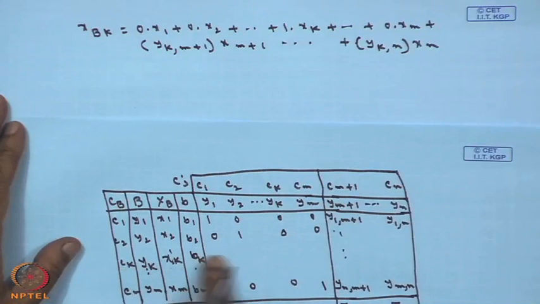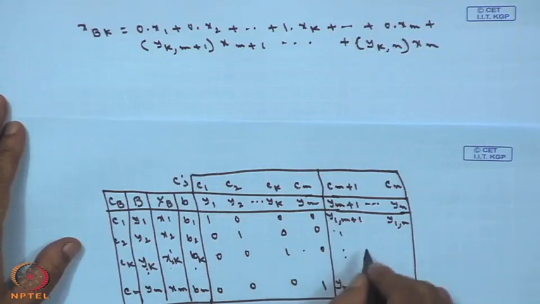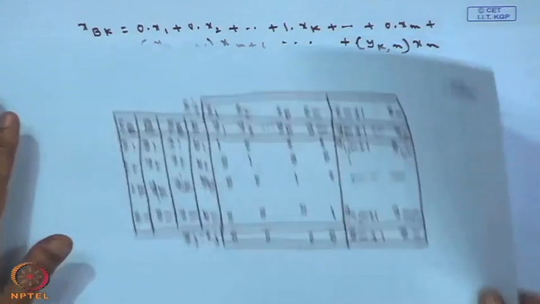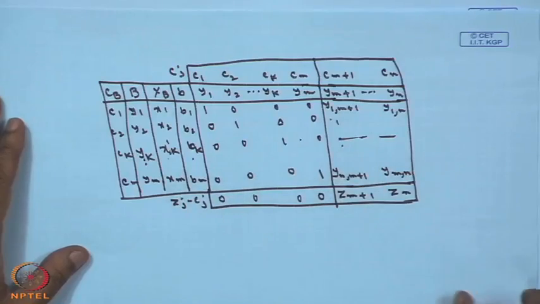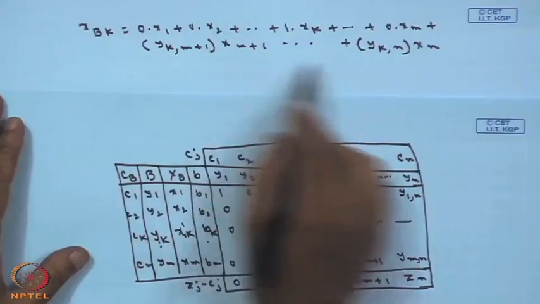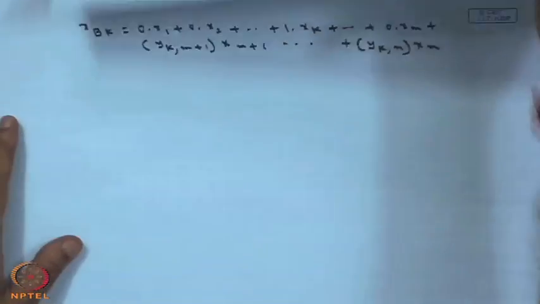So from this, xBk you are writing as 0, 0, 1, this is 0, and some values are over here. So from this kth basic variable I am writing xBk in this form, where xk is present.